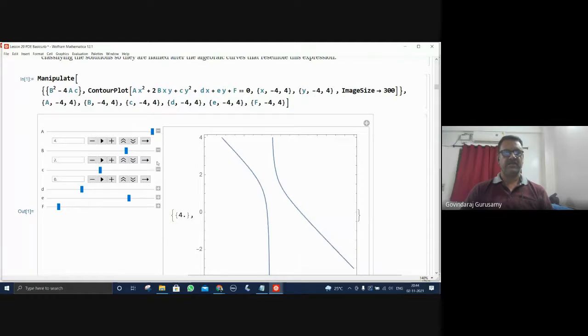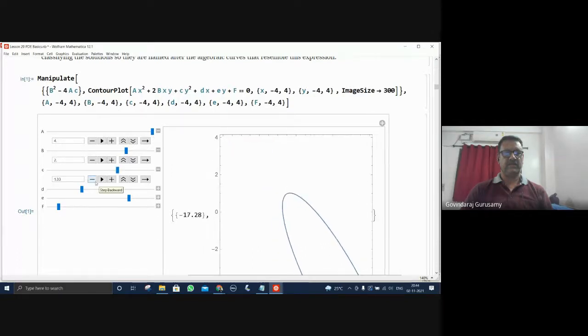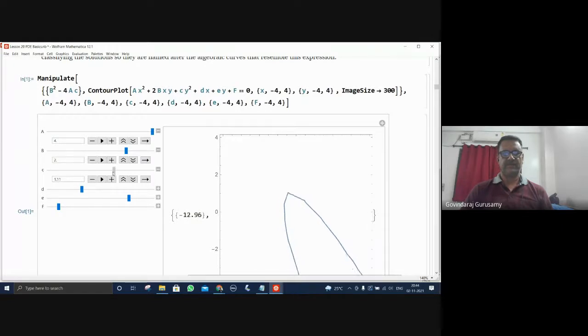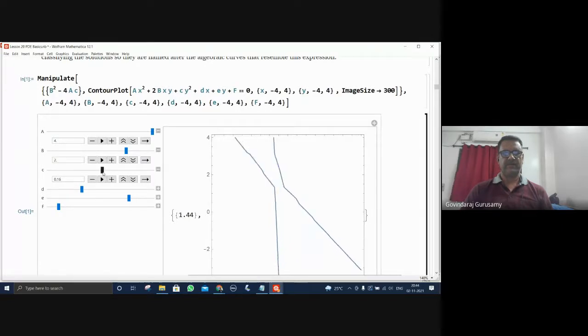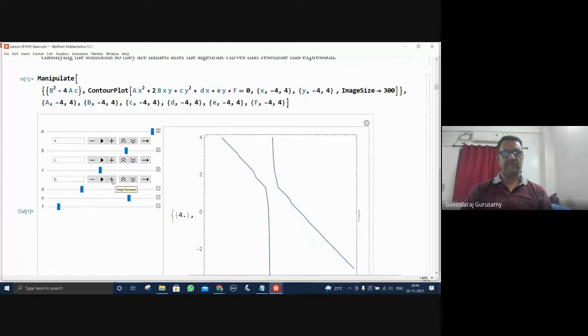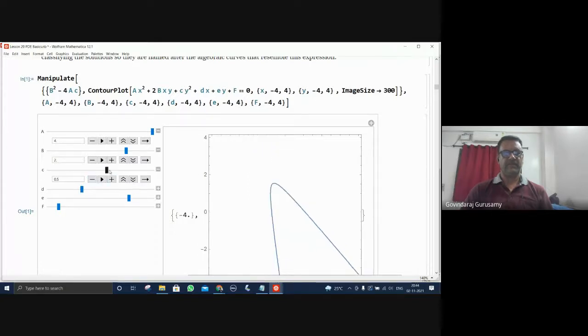AC is equal to 1. Might be possible to see that. What happened to this? This is minus 12 now. That's not of interest to us. But I wanted to have a 0 here. I'm coming close to 0 somewhere. 4, minus 4.